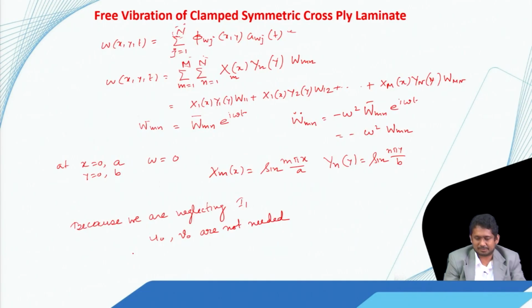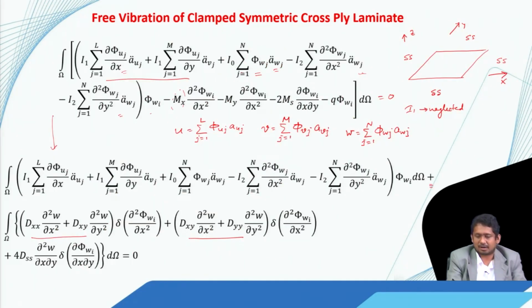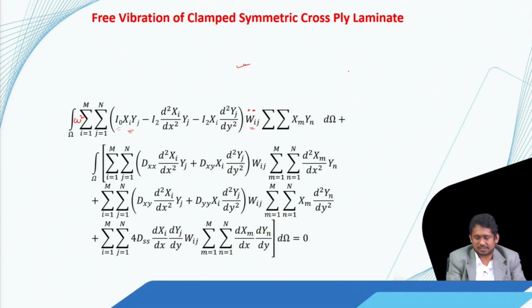Similarly, we have I_2 here. So, the second order derivative of the approximation with respect to x multiplied by the derivative of the unknown constant, that is what we see here. So, this is the second order derivative.